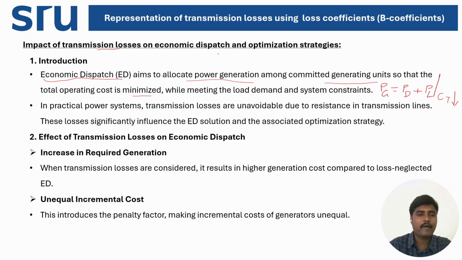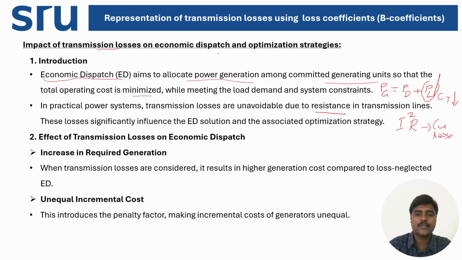In a practical power system, you cannot avoid these transmission power losses, because every transmission line offers some resistance. Whenever resistance is there, you will definitely have I square R losses, nothing but copper losses.